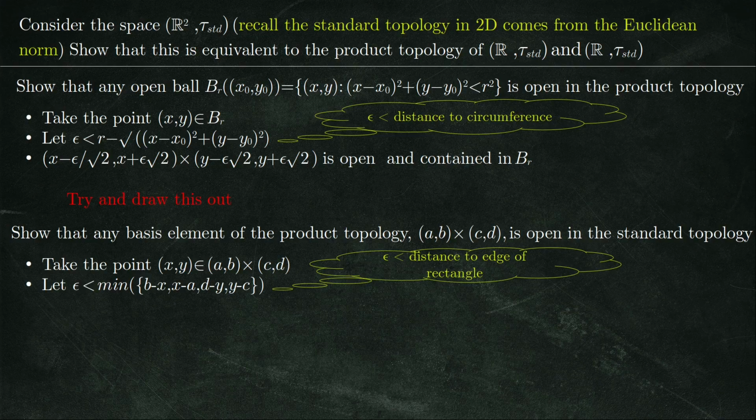So we're looking at the minimum distance from xy to the edge of the rectangle, and epsilon has to be smaller than that. And then B epsilon is open, because it's by definition an open ball, and it's contained within the rectangle. Therefore, for any point xy, we can find an open ball in the rectangle, and the rectangle must be open.